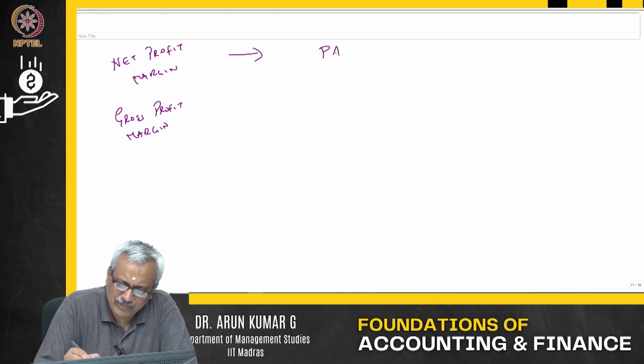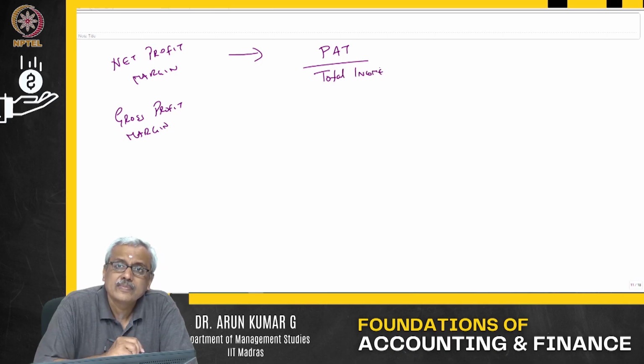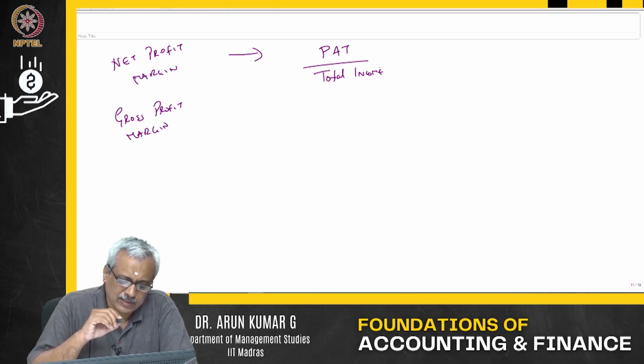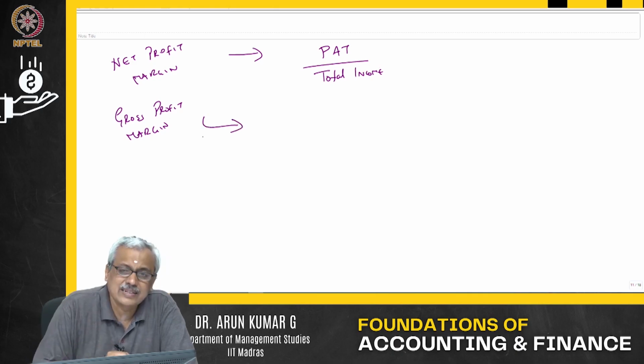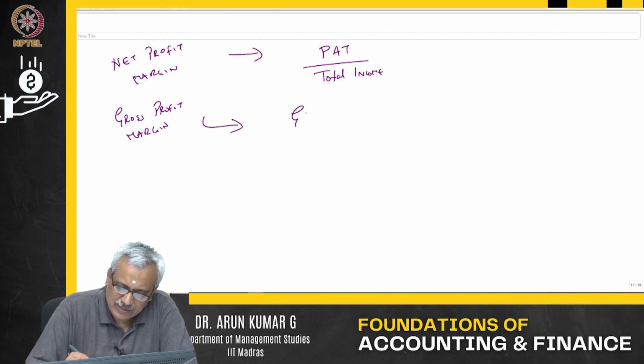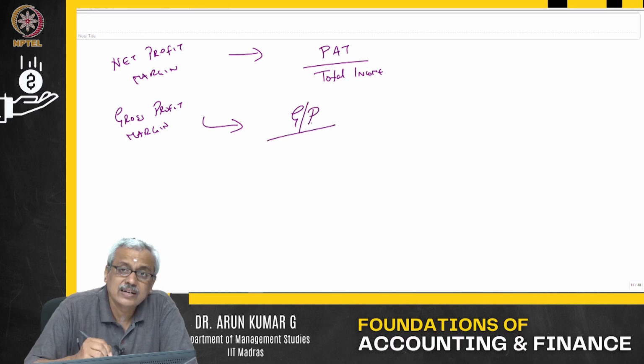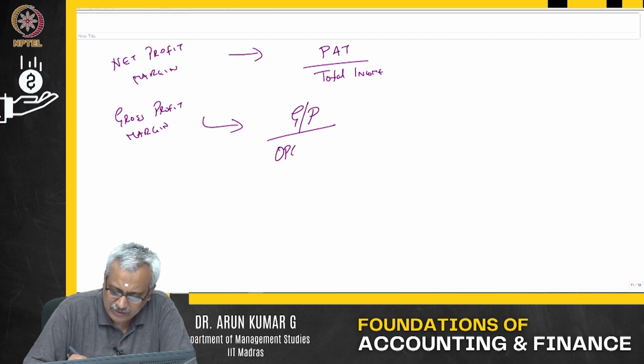I will say my profit after tax divided by my total income. Whereas for gross profit margin, what do I do? I will say my gross profit divided by my operating income.